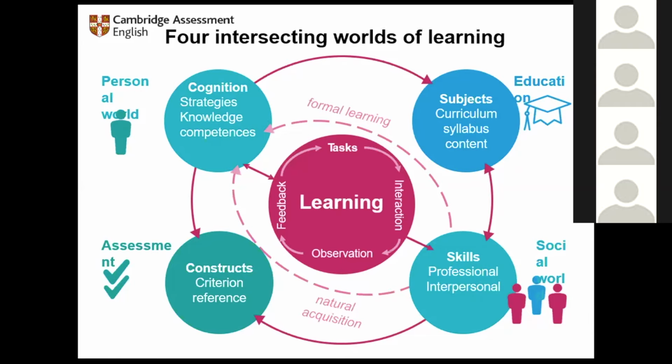And then we have the natural acquisition of learning, which is a result of our interaction with peers, with colleagues, etc. And for us really to focus on the formal learning only is technically ignoring a very important element that we have to always emphasize.